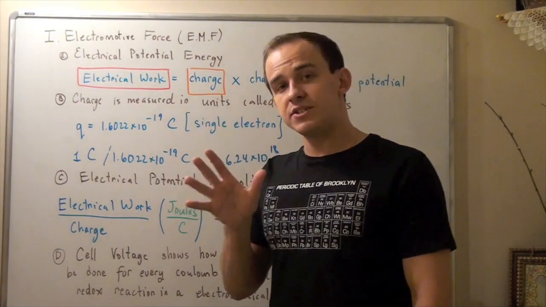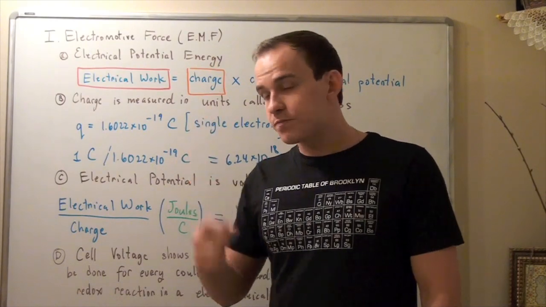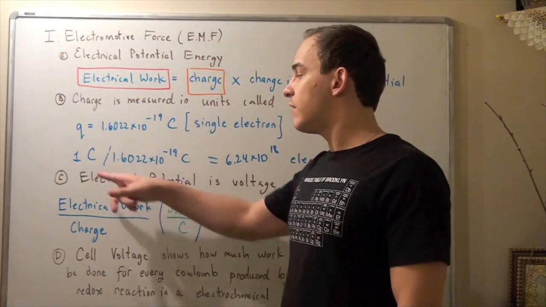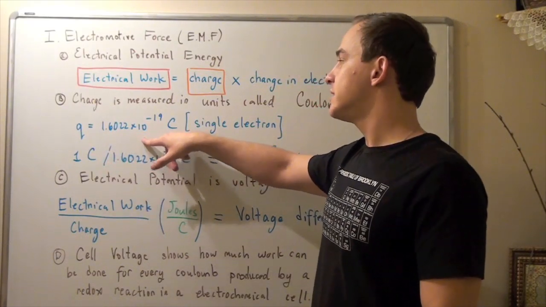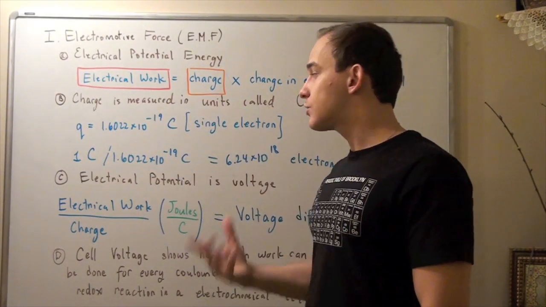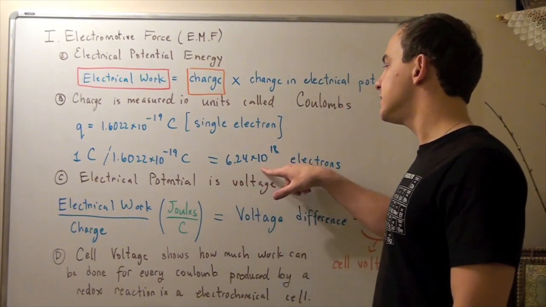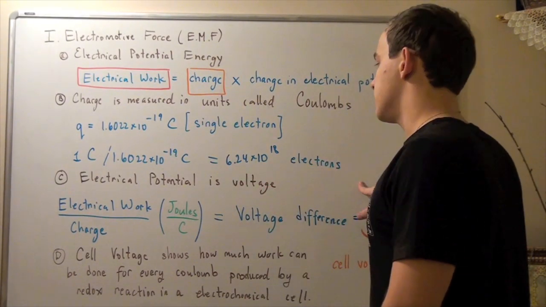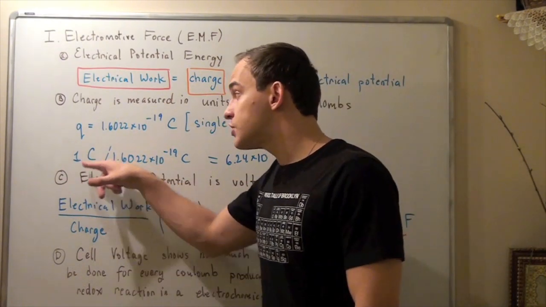Now my question is, how many electrons are found in 1 coulomb of charge? Well, to find that answer, we must divide 1 coulomb by 1.6022 times 10 to the negative 19 coulombs per electron. And that will give us 6.24 times 10 to the 18 electrons. So this many electrons will be found in 1 coulomb of charge.